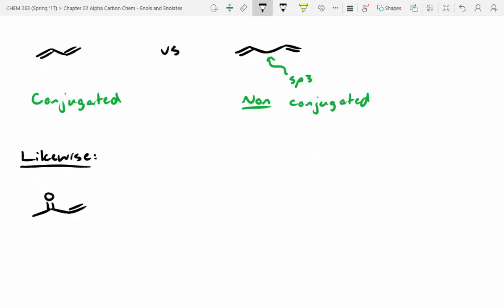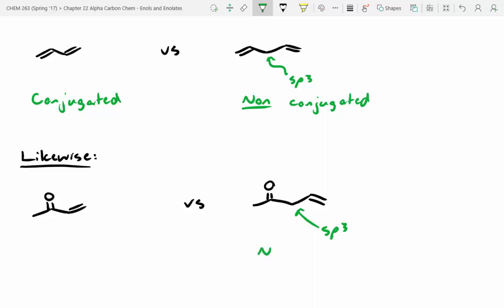In this case, it's conjugated, right? We have alternating double single bonds, but one of the double bonds is now a C=O double bond. And this is very, very different than a system that would look like that, because in this system, just like in the other one, we've got an sp3 carbon.